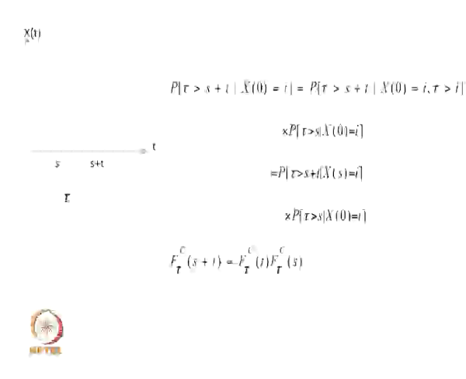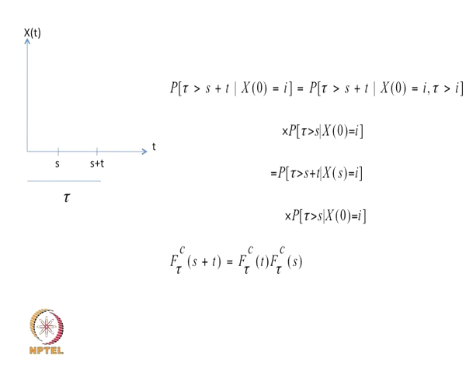After some time, it moved into some other state. At the time point s, it was still in the state i. At the time point t also it moved into some other state. So the tau here is nothing but the time spent in the state i, from here to here. So, that is a random variable.